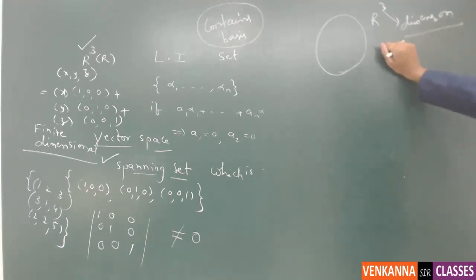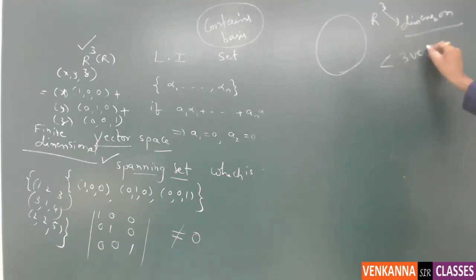It means that it is not possible to find a basis for R cubed having less than 3 vectors. So 3 vectors is fixed.